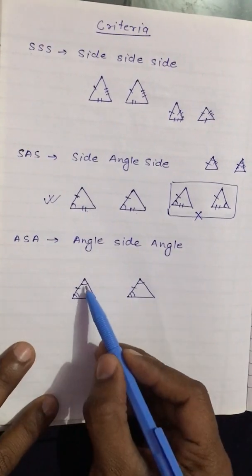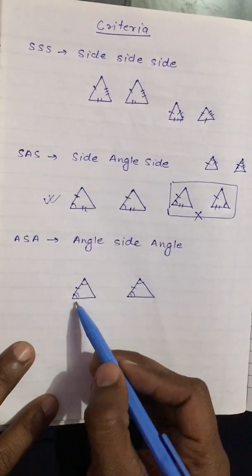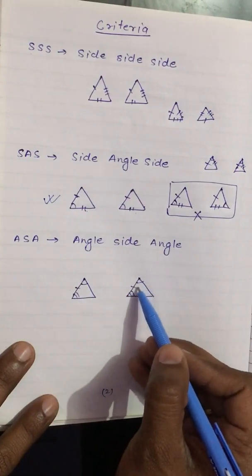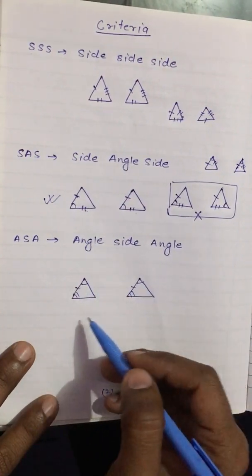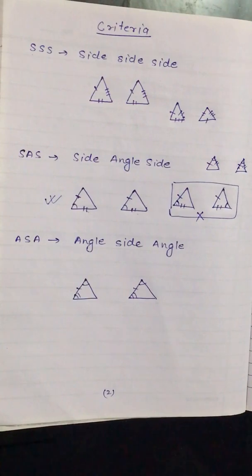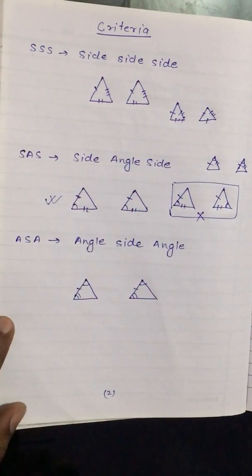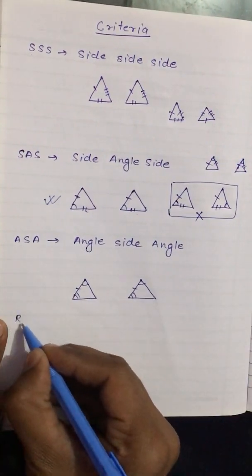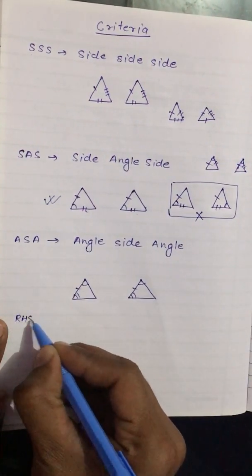As you can see, if this angle corresponds to this angle, and the side between these angles are equal, then these triangles are congruent triangles. Understand? Now, there is also one more property, called RHS.